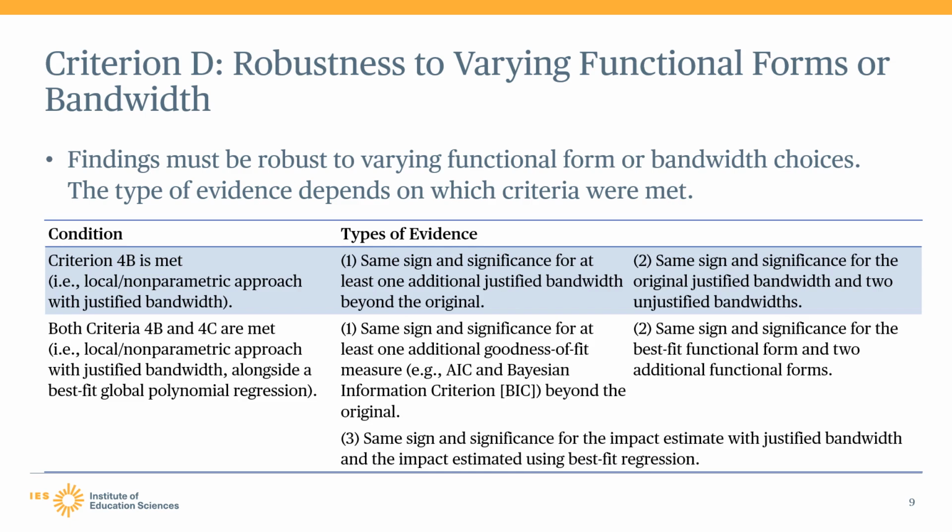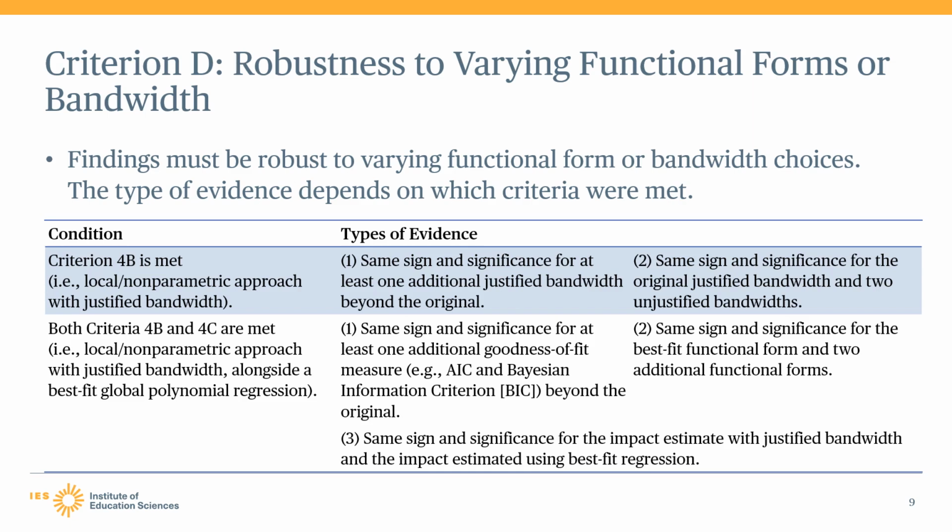The final way the studies meeting both criteria 4B and 4C could potentially meet RDD criterion 4D is if the authors show the same sign and significance for the impact estimated within a justified bandwidth and the impact estimated using the best fit regression. These typically will be the models used to meet Criterion 4B and Criterion 4C.